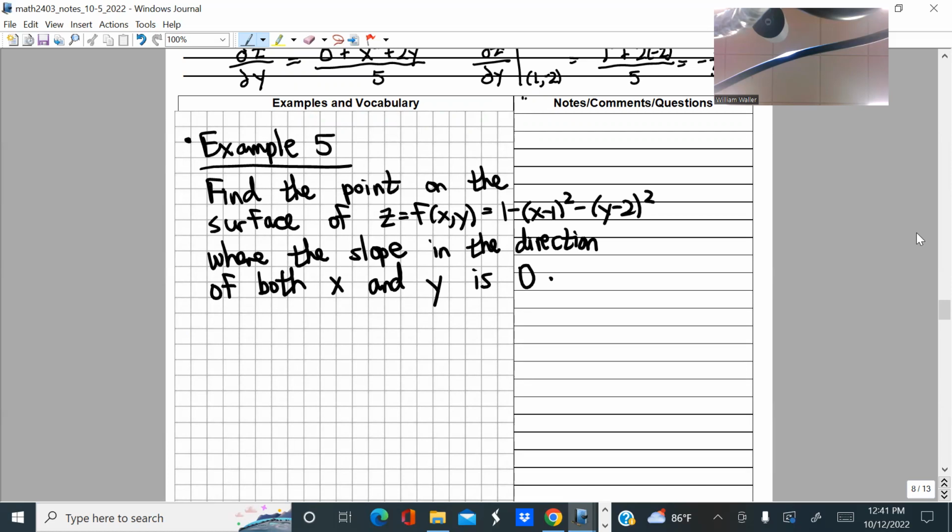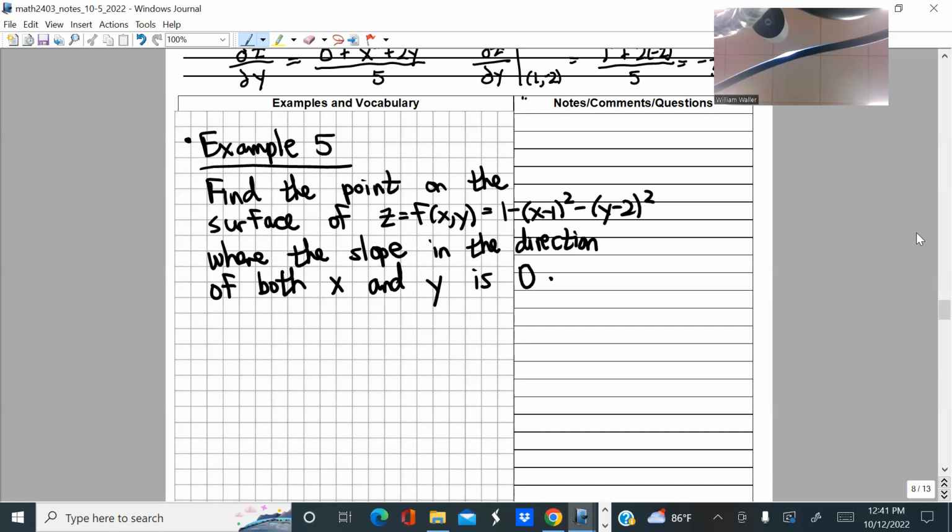That looks like some sort of quadratic surface. I wonder what kind of quadratic surface that is. But anyway, for that surface, we want to find where the slope in the direction of both the x and the y-axis is 0.